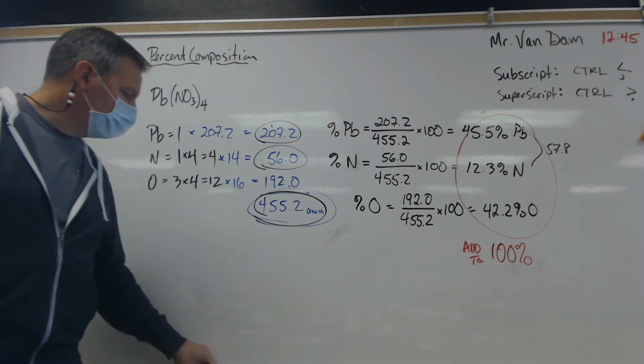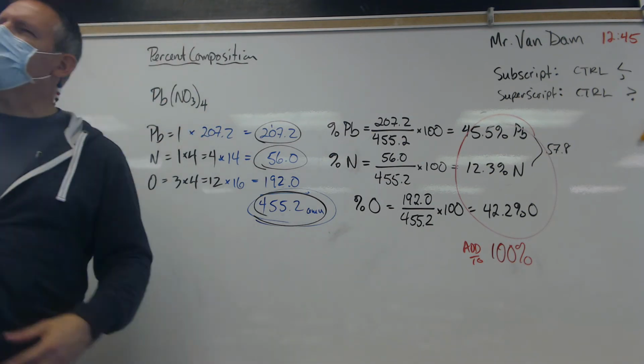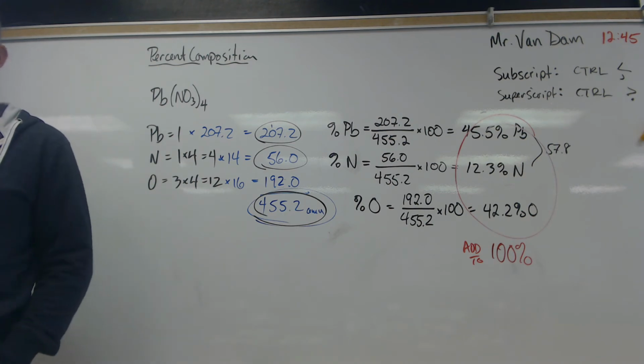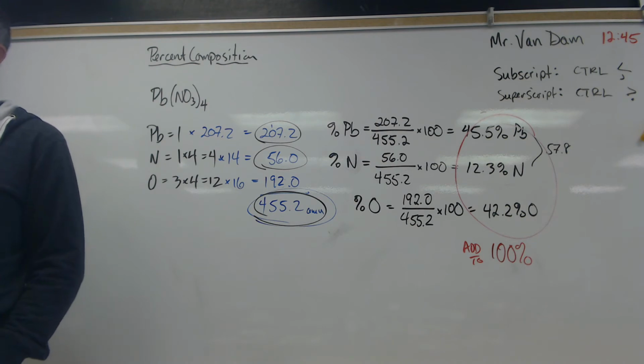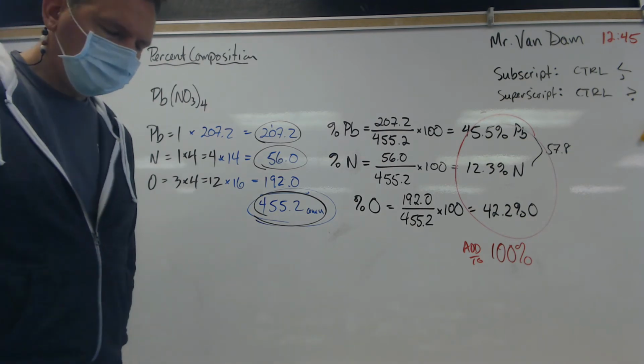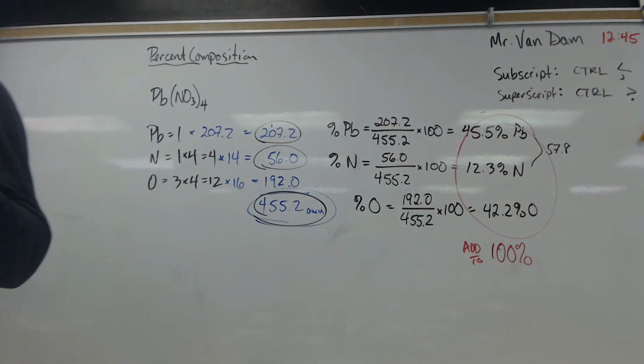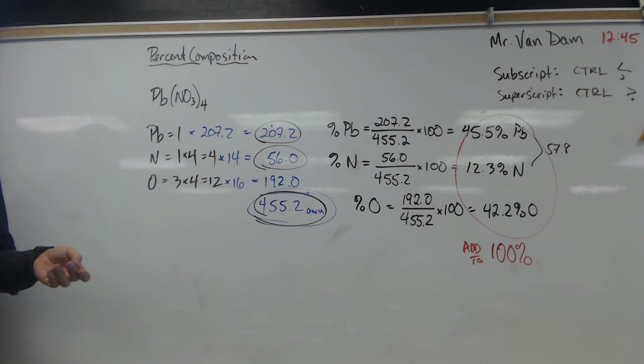Okay. Can you think of a practical application where a chemist would want to know what percentage that particular atom comes out of a compound? Remember I said that what drives the world is the economy. We want to make money. So as a chemist, you're trying to make money for whoever, maybe for yourself or the company you're working for.